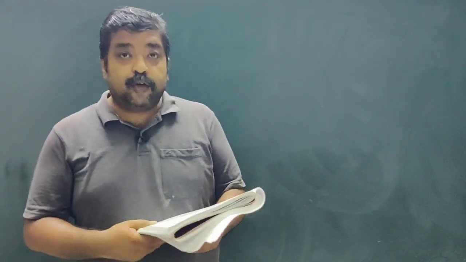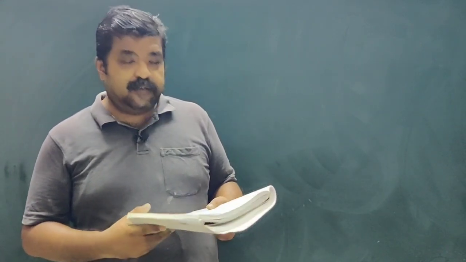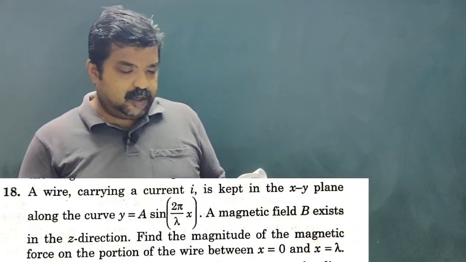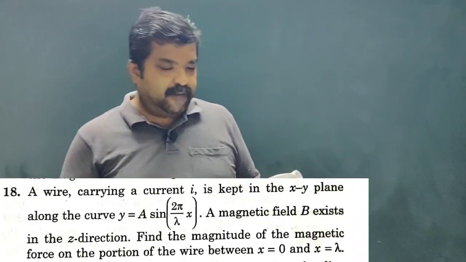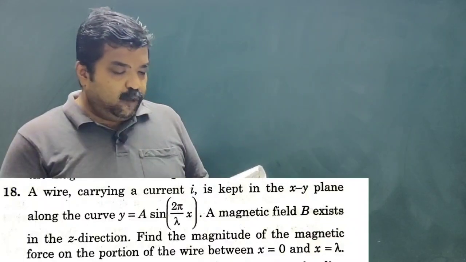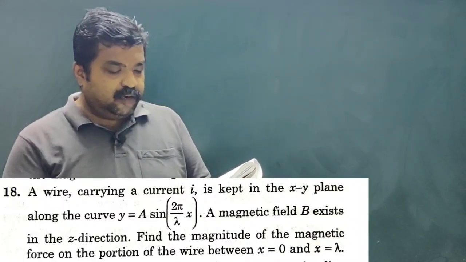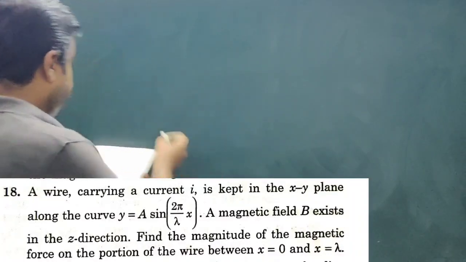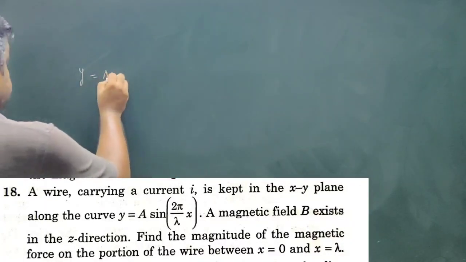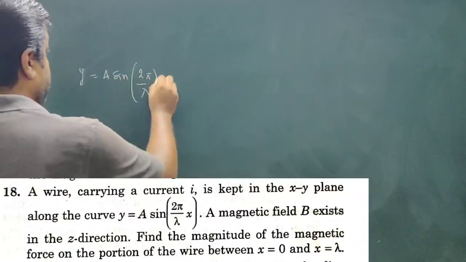Now, based on this same concept, let us try one question from Concept of Physics by H.C. Verma. This is question number 18 from the chapter Magnetic Field, page number 231. A wire carrying a current I is kept in the XY plane along the curve y is equal to a sine 2 pi by lambda into x.